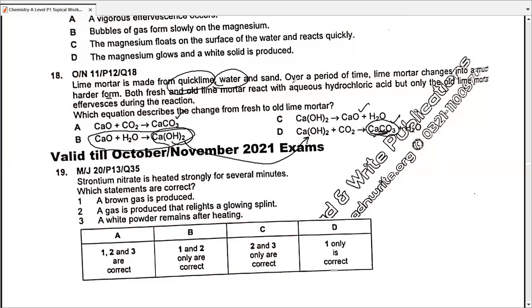Now, when it becomes old, it reacts with aqueous hydrochloric acid and produces effervescence because this produces carbon dioxide in the old form, and the other does not produce a gas. So everything written over here goes for D alone. Make sense? Yes, sir. Great.